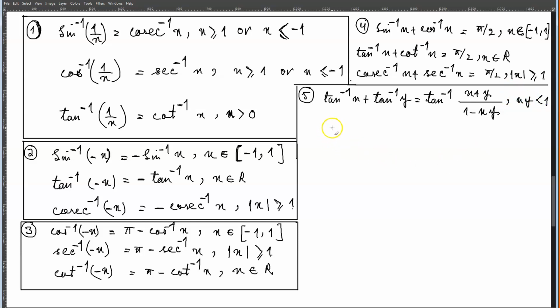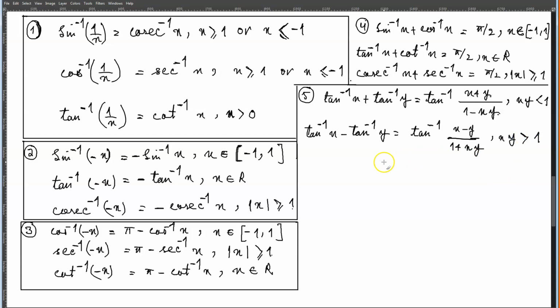And also we said that tan inverse of x minus tan inverse of y is equal to tan inverse of x minus y over 1 plus xy for xy greater than negative 1.